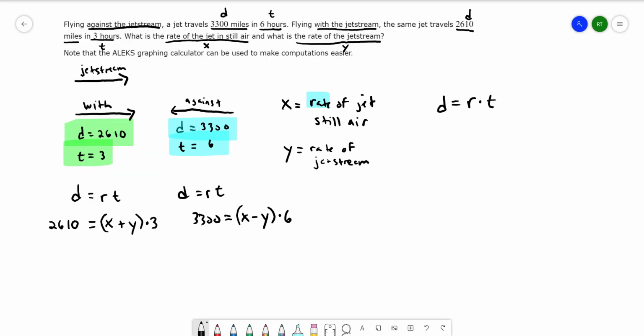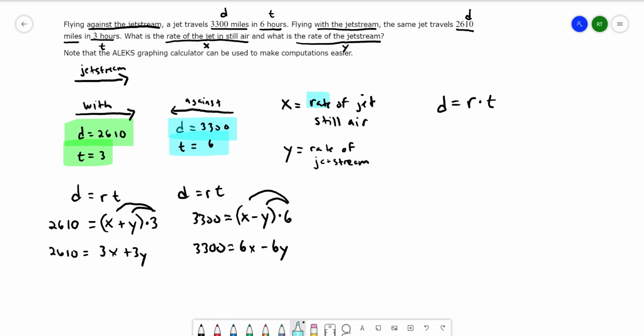And next I'm just going to simplify my two equations. So I have 2610 equals, and I could distribute here if I want to, and I get 3x plus 3y. And then in the other one I get 3300 equals, and doing the same thing, I get 6x minus 6y.